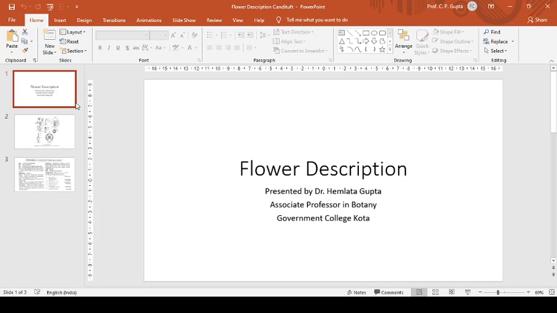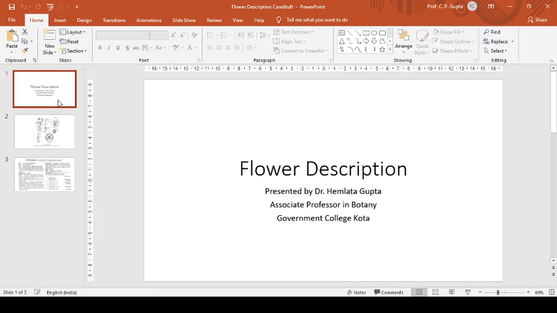Fruit is siliqua or silicula with valves opening from base upwards and seeds with large embryo. So these are some important features of this family Cruciferae or Brassicaceae or mustard family.